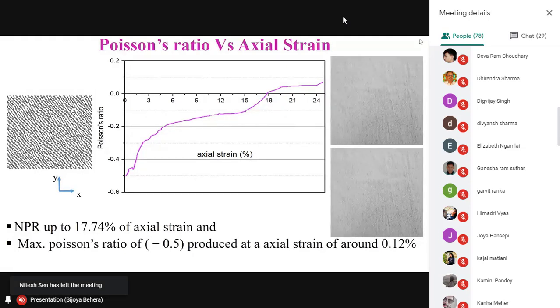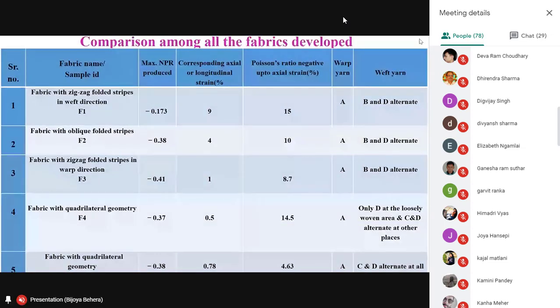When I summarize these results in a single table, look at the NPR, the third column, maximum NPR produced.